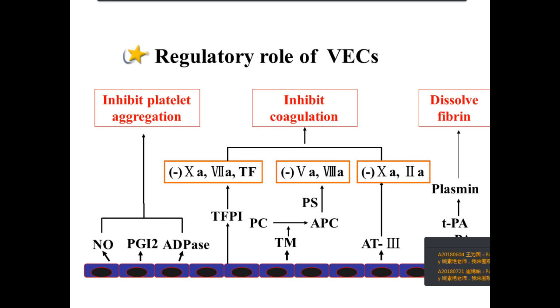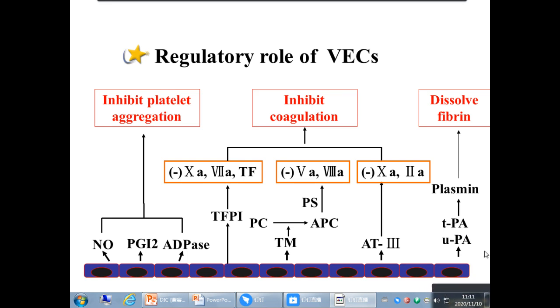The last, damaged VEC release less TPA and UPA, so fibrinolytic function is inhibited, plasmin decreases, coagulation function increases, and DIC may happen.